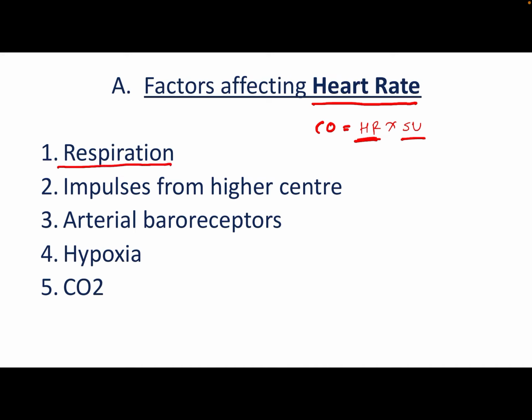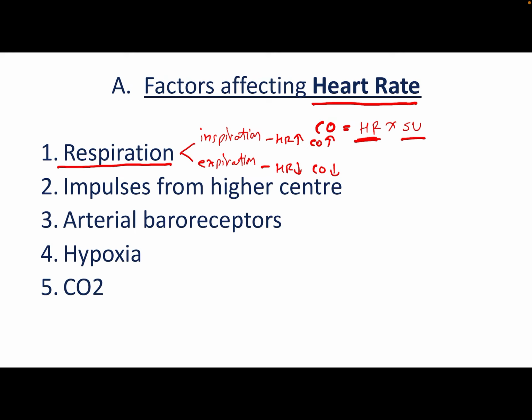In respiration there is inspiration and expiration. In inspiration the heart rate will increase, so cardiac output will increase, and in expiration the heart rate will decrease, so cardiac output will decrease. So it is proportional there. In inspiration heart rate increases, cardiac output increases; in expiration heart rate decreases, cardiac output decreases.